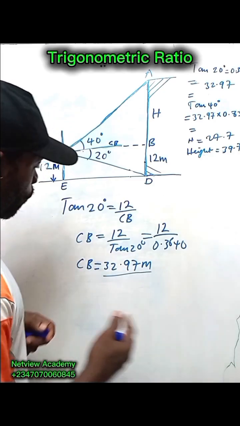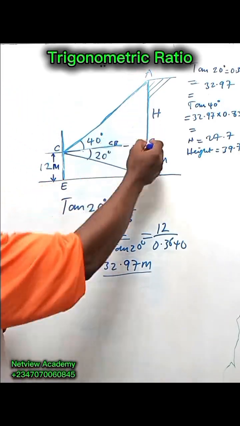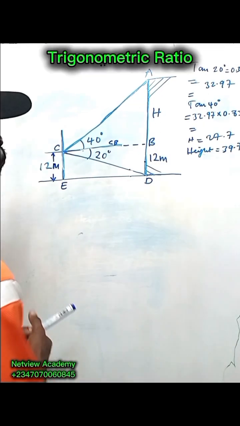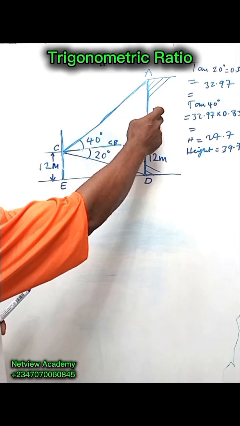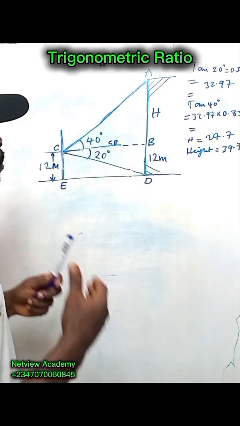We are going to use the length of the adjacent CB to calculate the length of AB, the length of H. To calculate the length of H, we are still going to apply a trigonometric ratio.